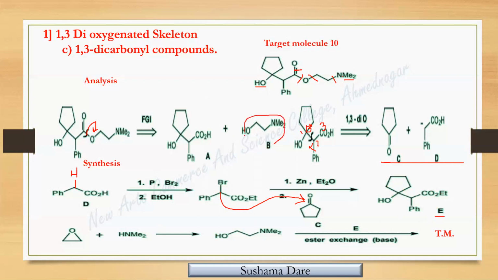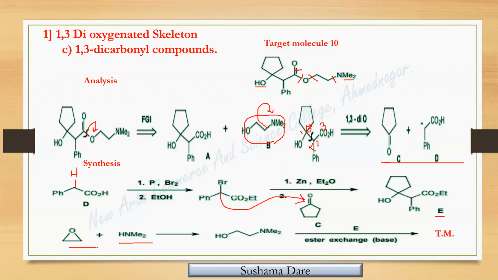Now how to go for this disconnection? Look at here, this is where we have to disconnect. We have to disconnect the carbon nitrogen bond. If we disconnect the carbon nitrogen bond, what does it give? N minus Me2, which is NHMe2. And the remaining part is OH CH2 CH2 plus.